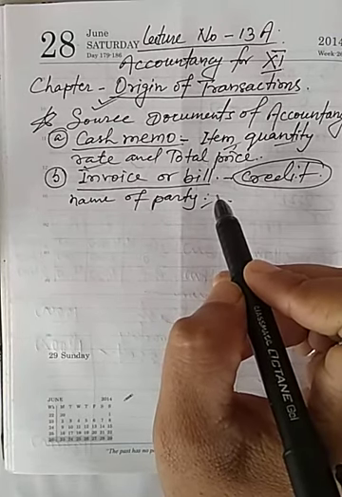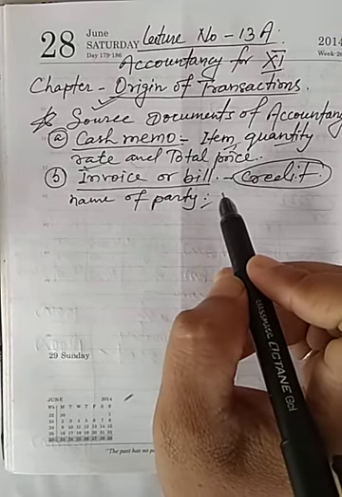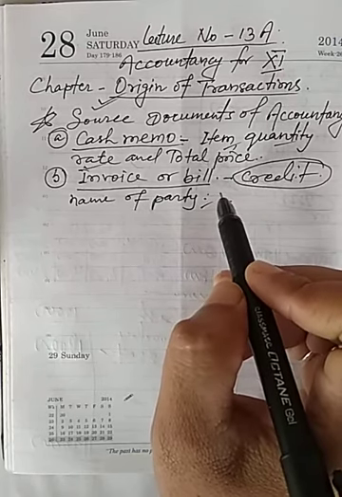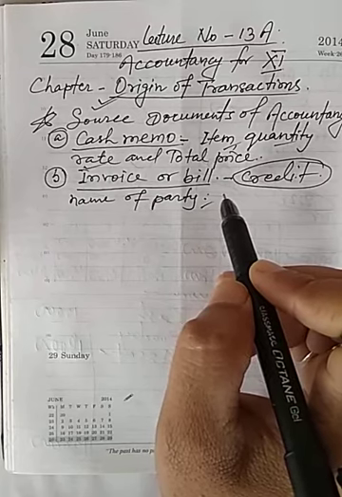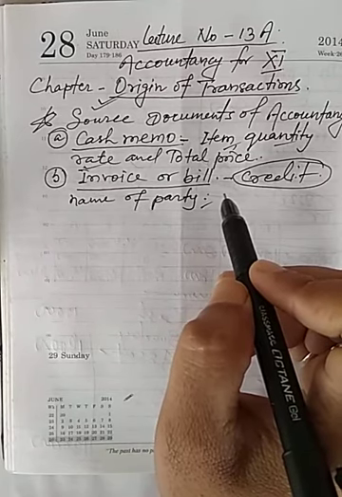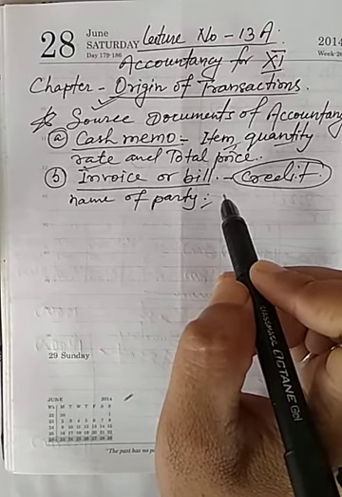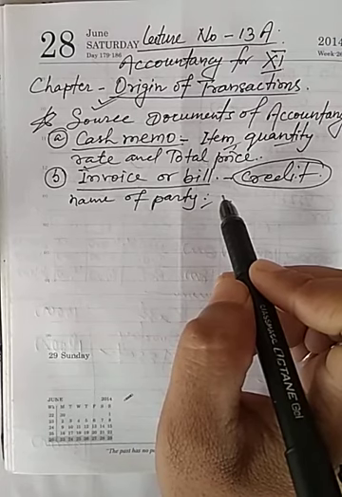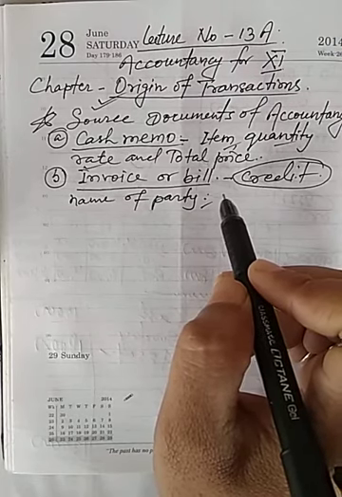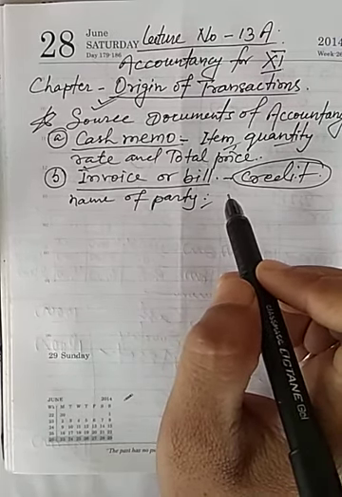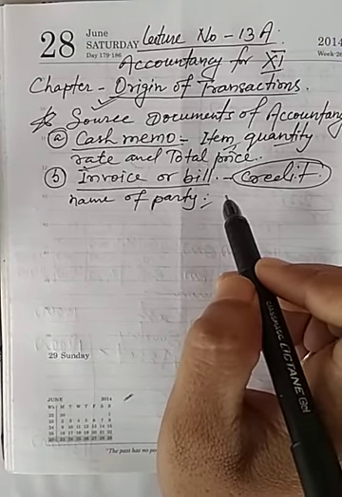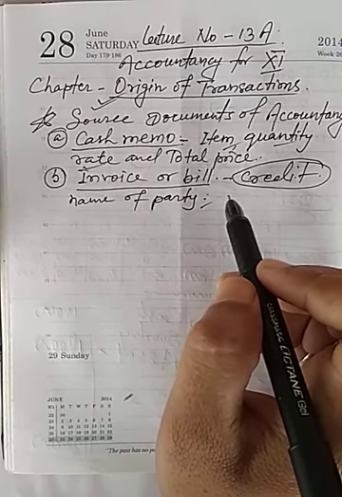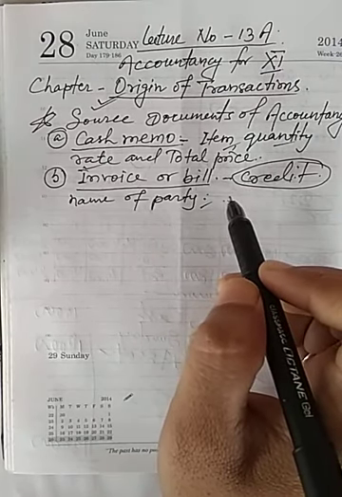We make an invoice on credit sale but receive a bill on credit purchase, though the two terms are used synonymously and mean the same thing.